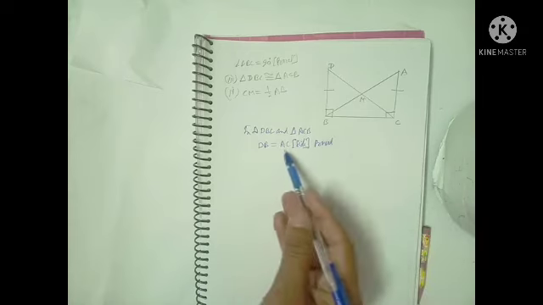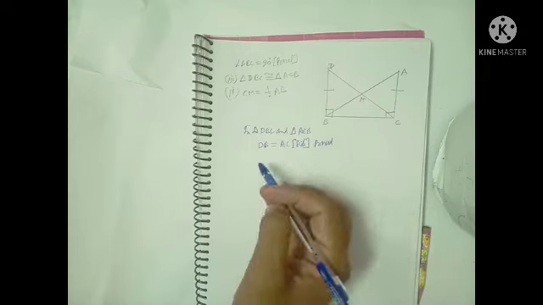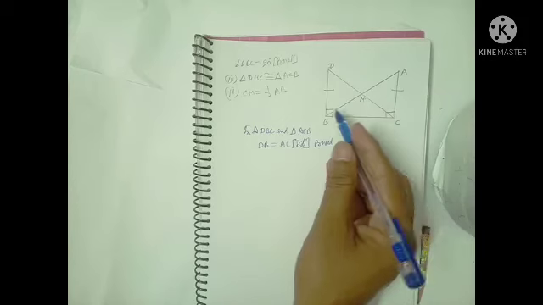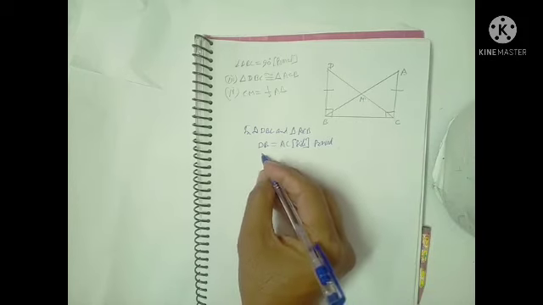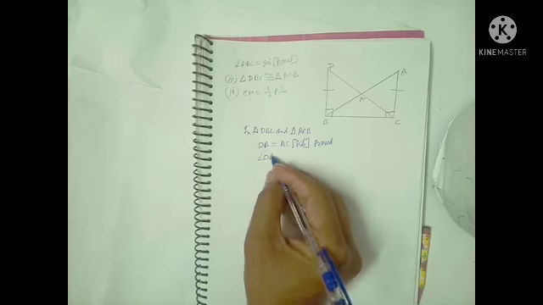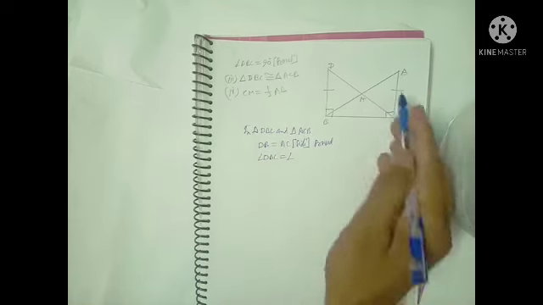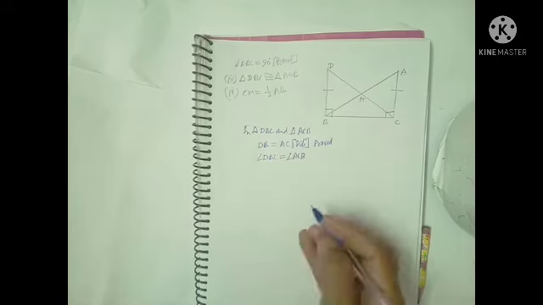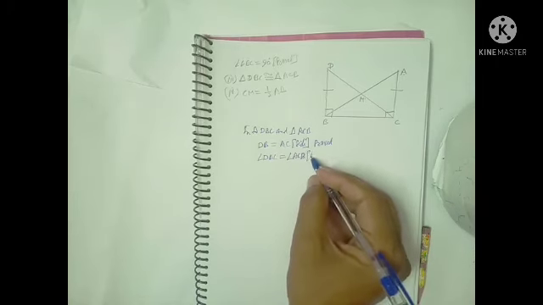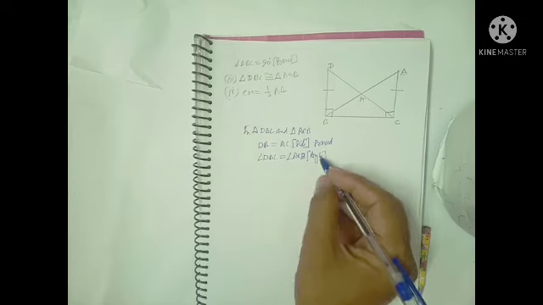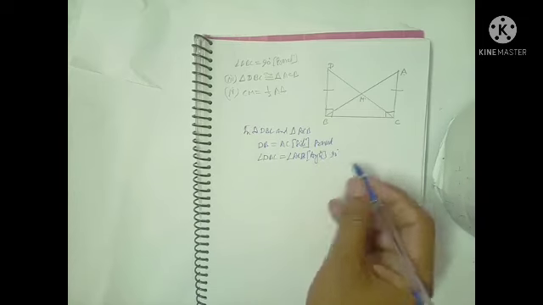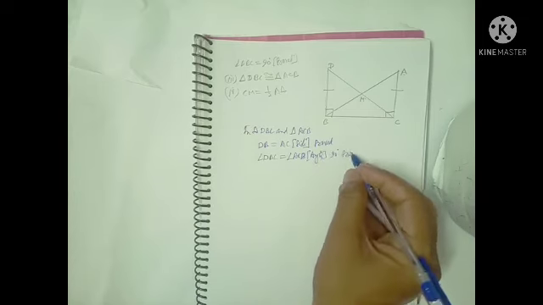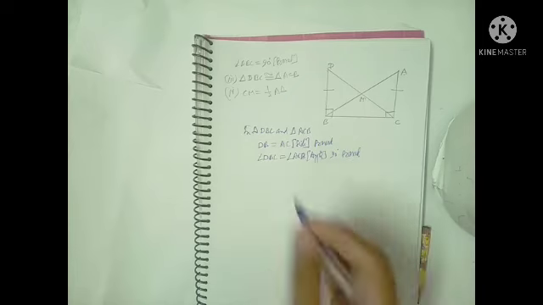Then angle DBC is equal to angle ACB. What is the reason? Right angle, 90 degrees. We have proved it above.